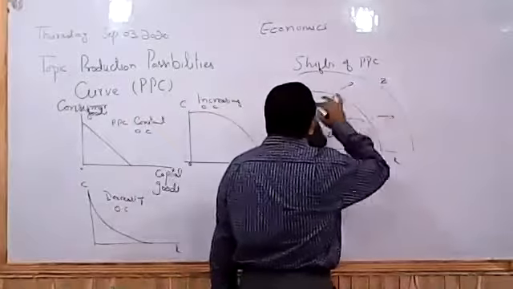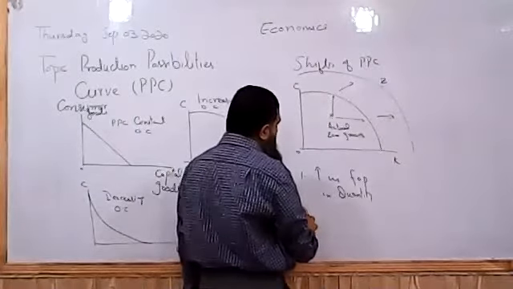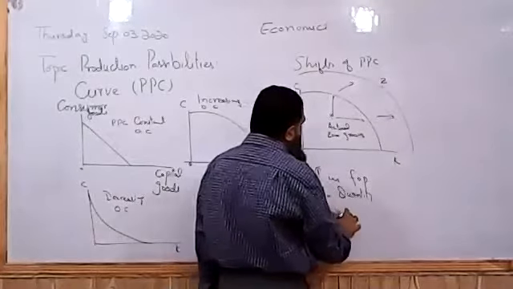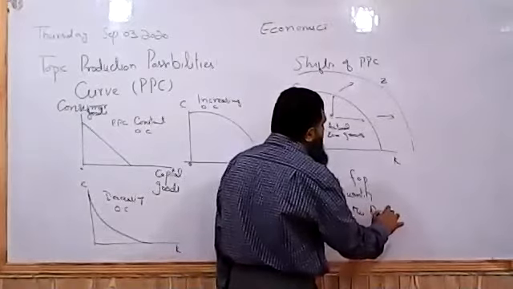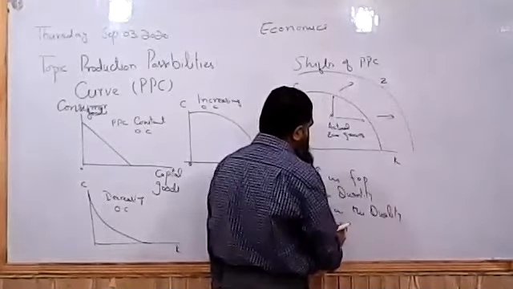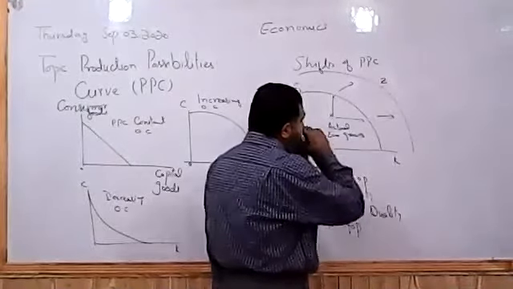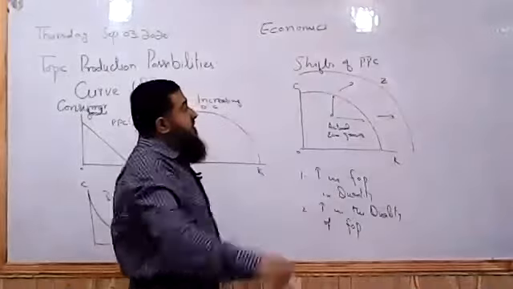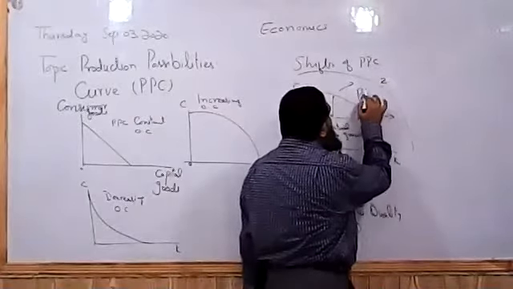So it shifts outward due to an increase in the quantity of factors of production or an increase in the quality of factors of production, like their productivity has also increased. So by this, PPC will be shifting out. We say this is called potential economic growth.